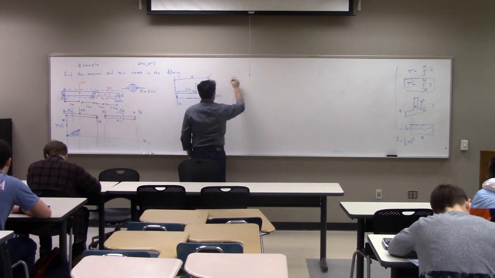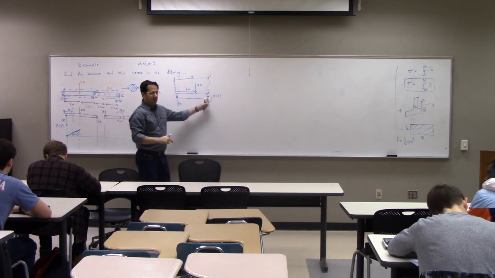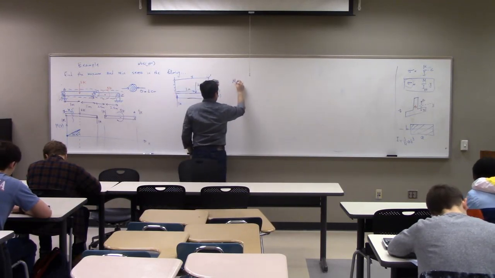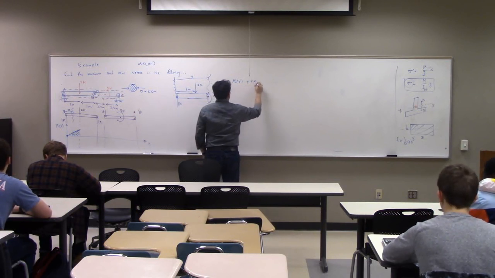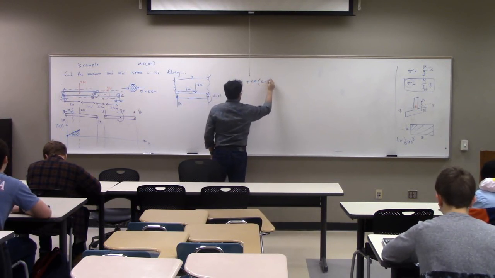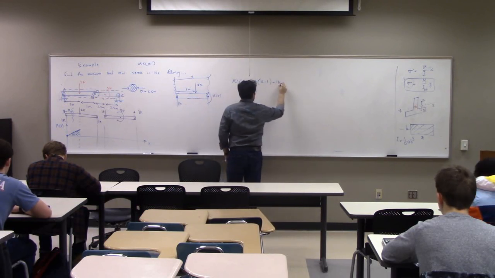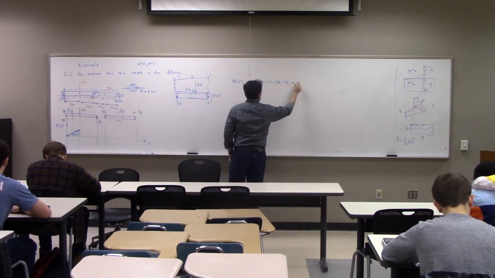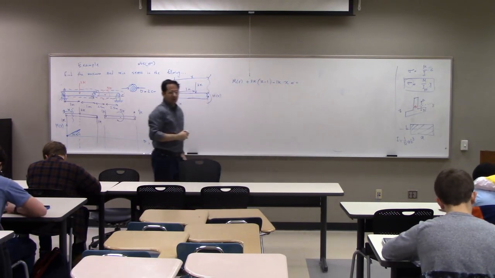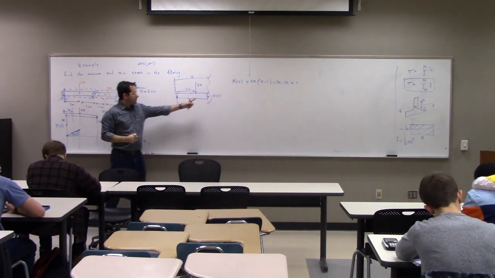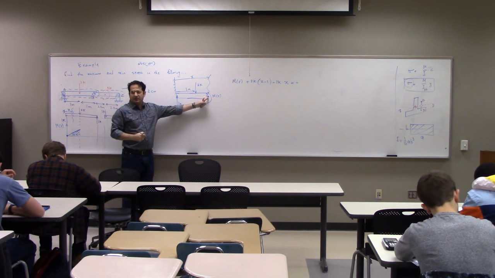Again, do the same thing: summation of moments about this point X equals 0. So you get positive MX plus 2K times X minus 1, negative 1K times X, is equal to 0. What did I do? I wrote the summation of moments.